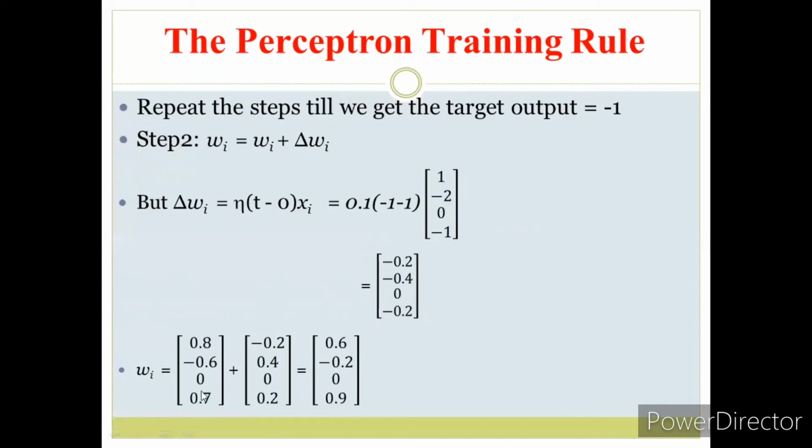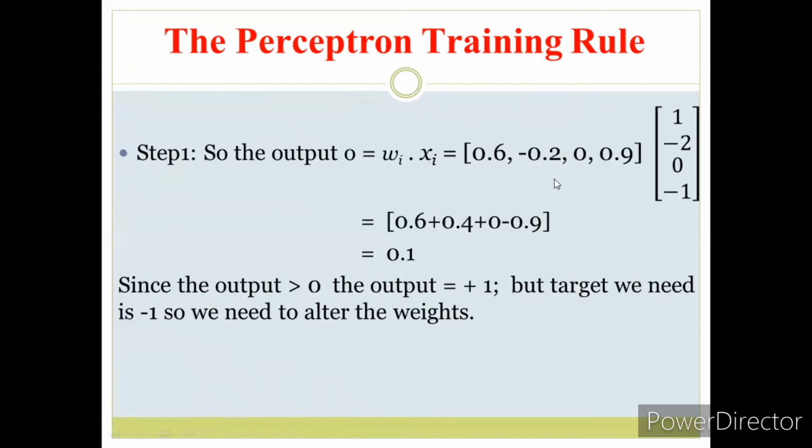This is added with the previous value, so previous value was 0.8, -0.6, 0, 0.7 because of the previous modification. Now again the same addition is carried out, so we got it as 0.6, -0.2, 0, 0.9. Now again multiplied with the input x, that is 1, -2, 0, 1, we got the output as 0.1.